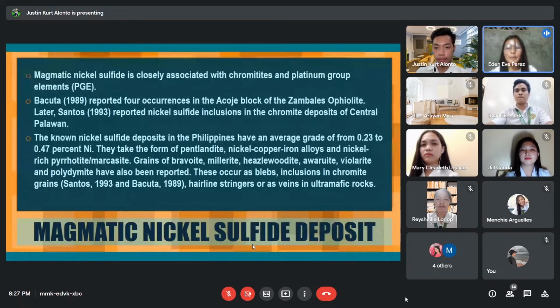The platinum group elements are palladium, rhodium, osmium, iridium, and so on. The PGE are used primarily in industrial applications and have established roles in chemical, electrical, and electronic engineering.